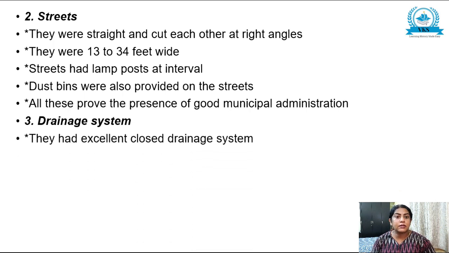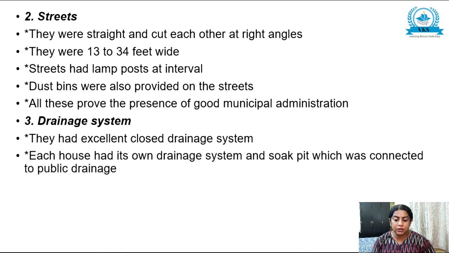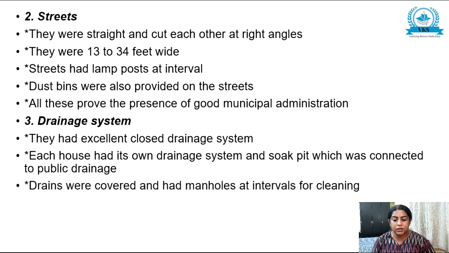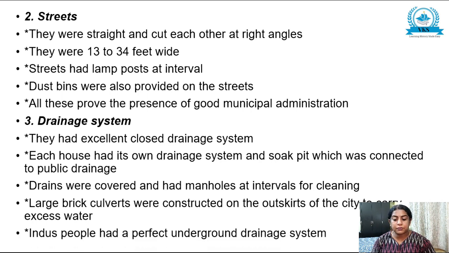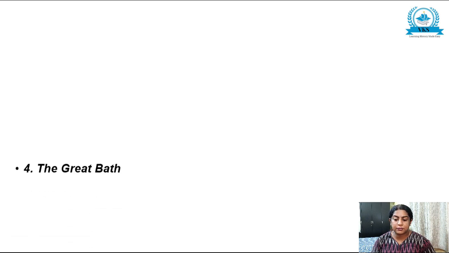They had an excellent closed drainage system, and each house had its own drain and soak pit which was connected to the public drainage. Drains were covered and had manholes at intervals for cleaning, and large brick culverts were constructed on the outskirts of the city to carry the excess water. Indus people had a perfect underground drainage system.